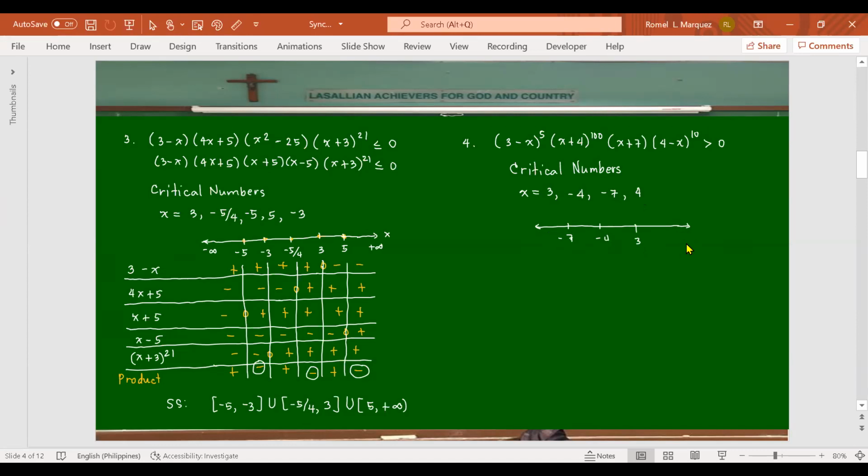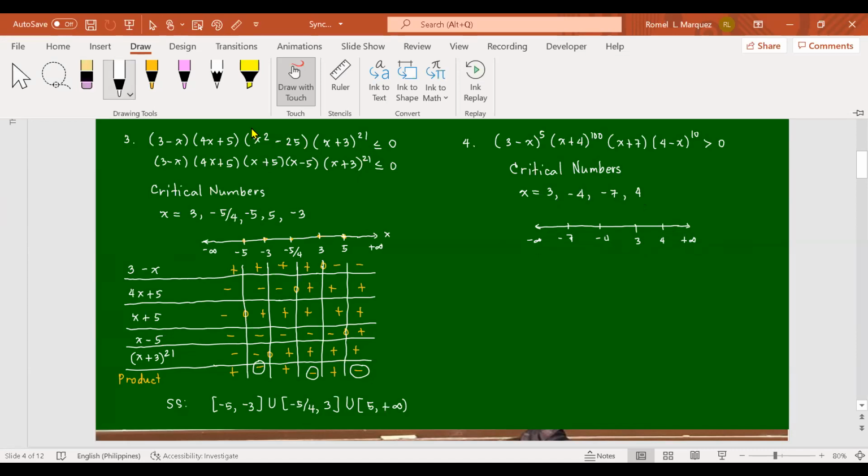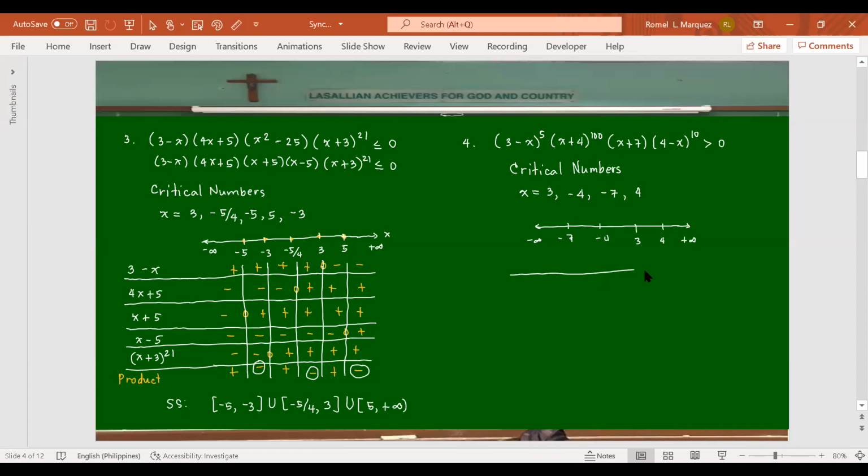Is there more? Going to positive infinity. So how many intervals do we have? 1, 2, 3, 4, 5. Do we include these critical numbers in the solution set? No, because equality is not part. Okay? Now let's draw the line.